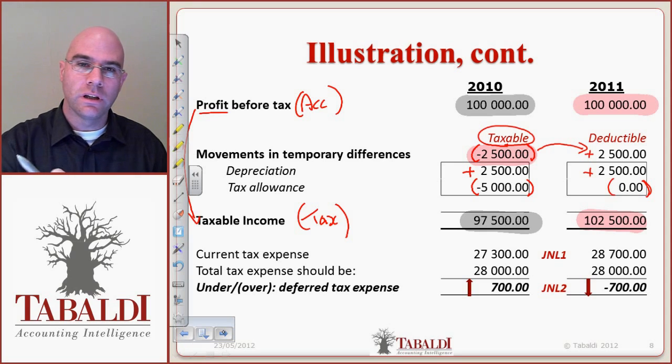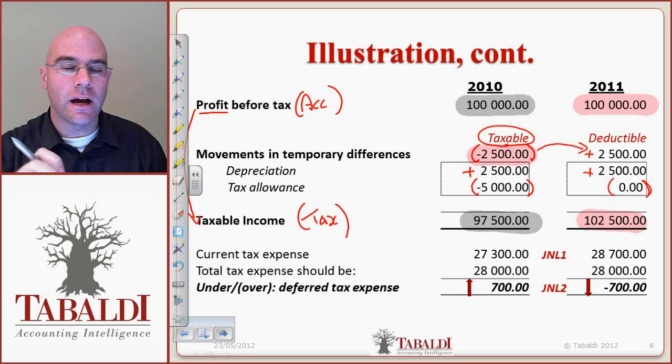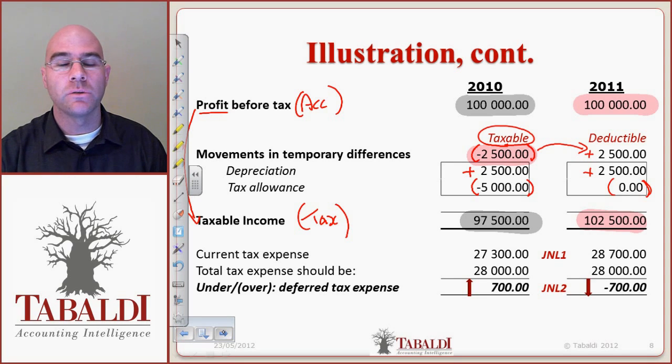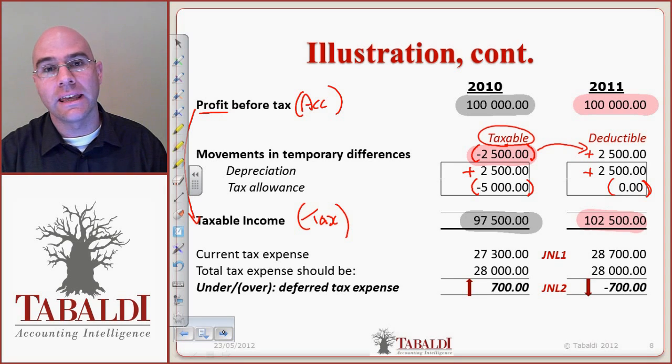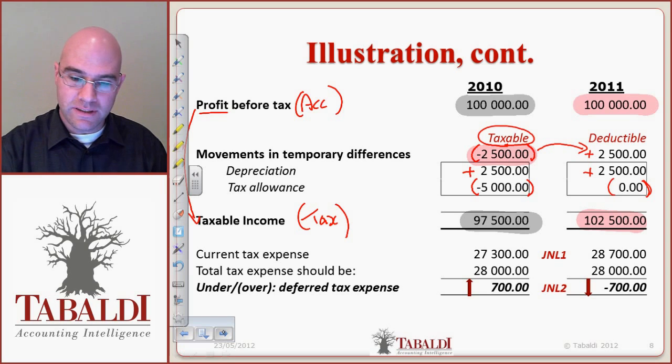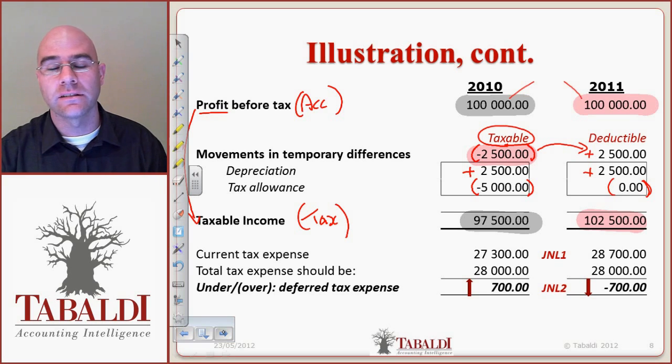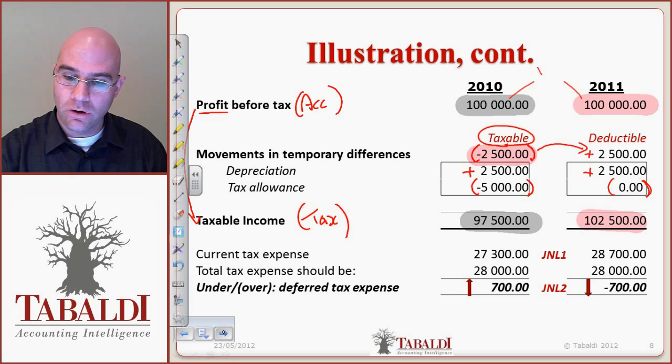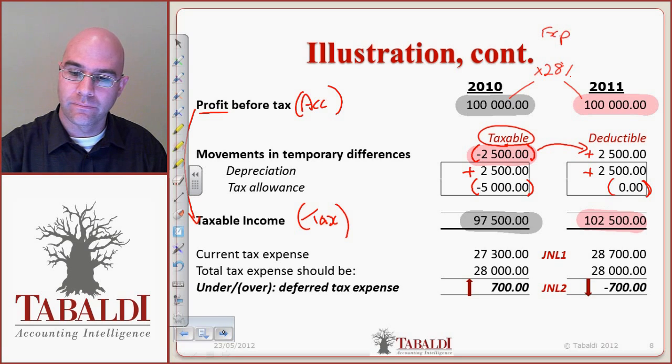Now, in a perfect world, we need to go back and remember that I'm trying to match the accounting expense to the correct period in which the accounting income is earned. So in 2010, as well as 2011, I have profit before tax of 100,000. So hypothetically, at a tax rate of, let's assume 28%, I would have a tax expense of 28,000.